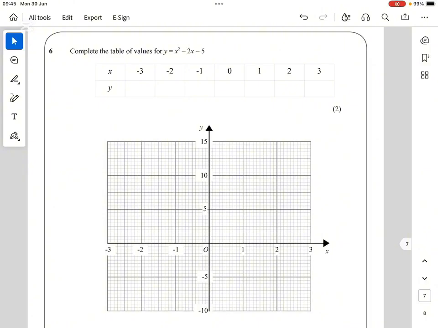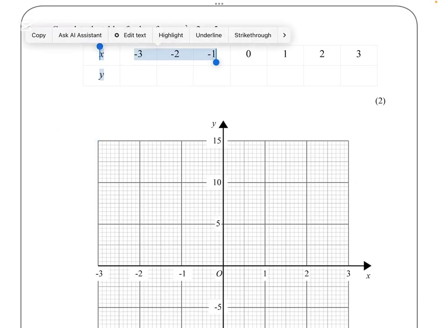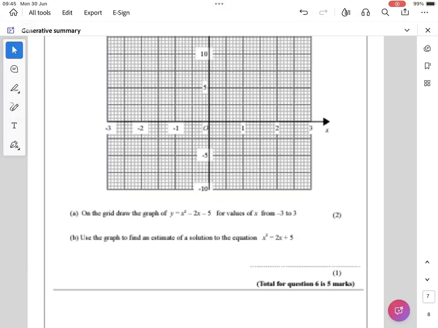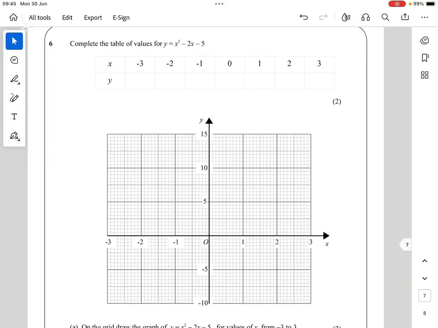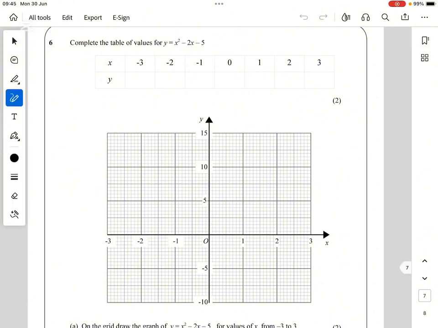Now, when x is minus 3, using the equation here, y is minus 3 squared minus 2 into minus 3 minus 5.